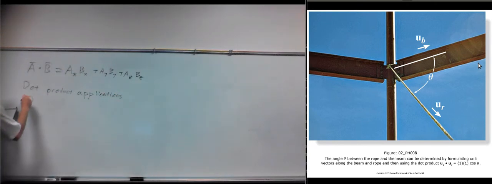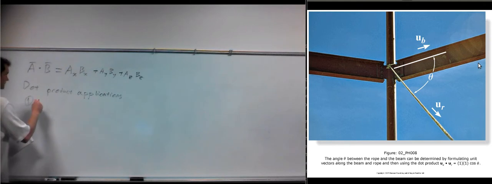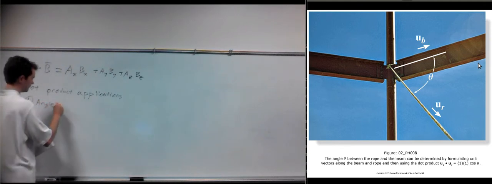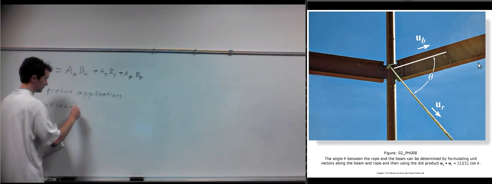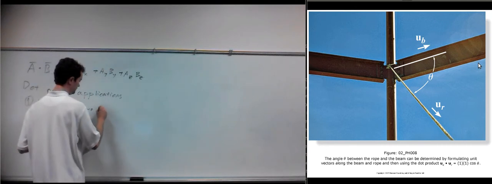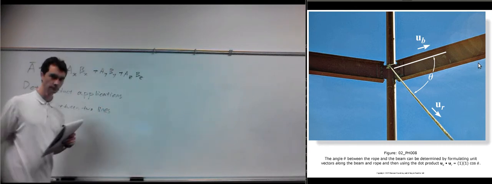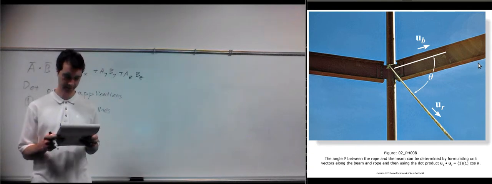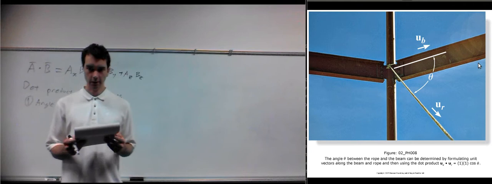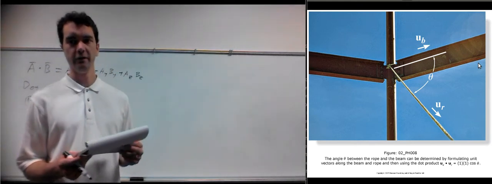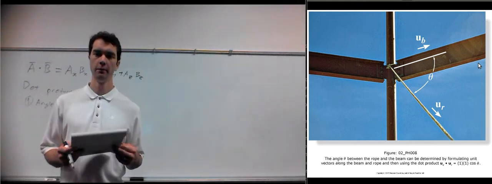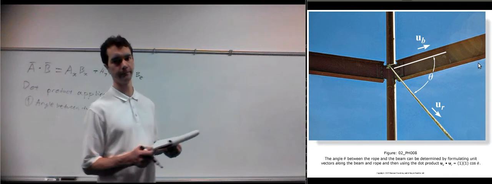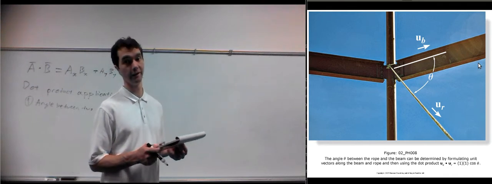The first is the angle between two lines. If you look at the figure there, you see that we have these lines R and B, or directions R and B, and we want to find the angle between them.